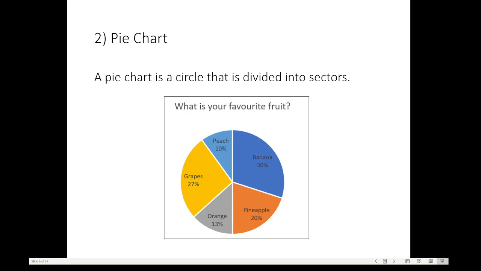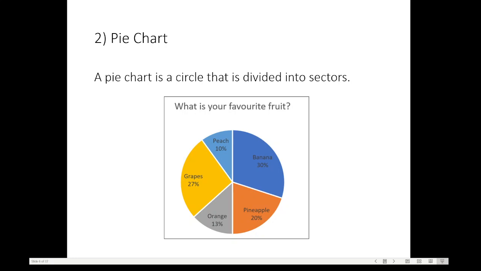Of course, during your exam, if you are asked to draw the pie chart, you don't have to draw it neatly like this. You just need to draw approximate values only. You don't have to come up with the exact angle, for example.